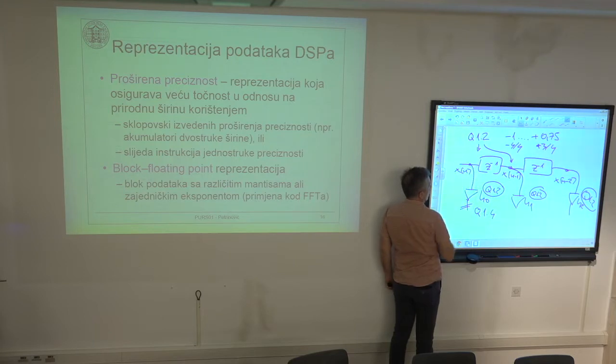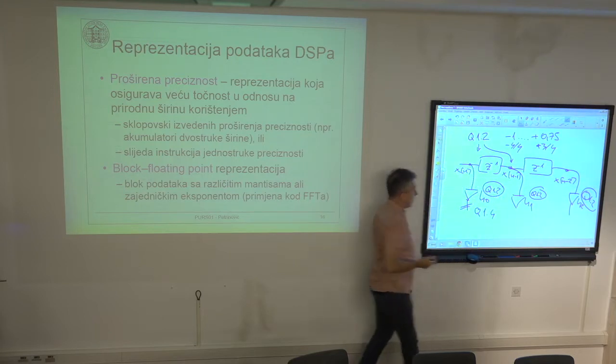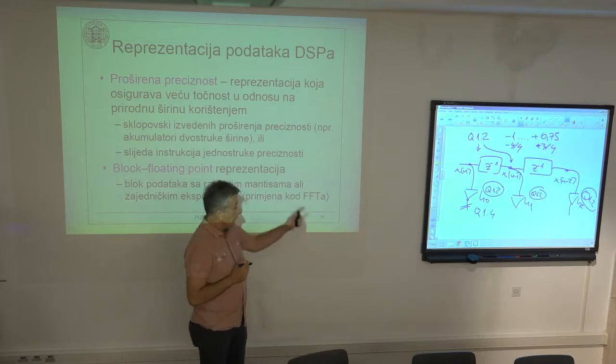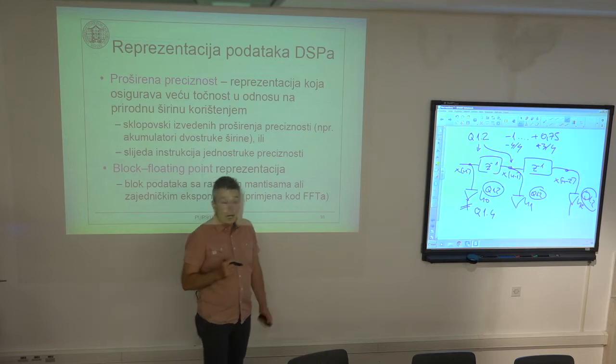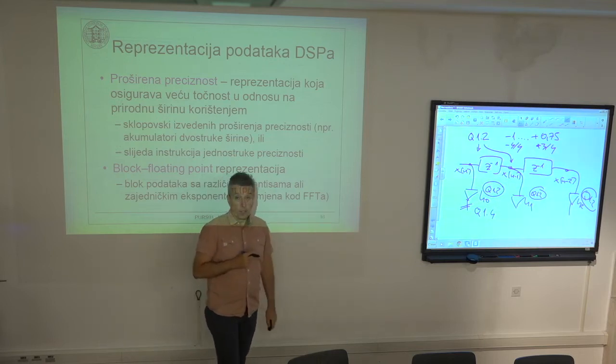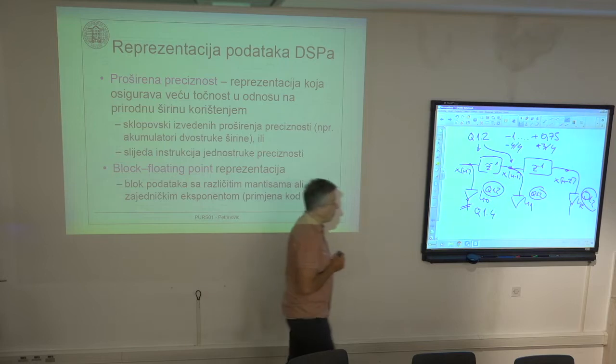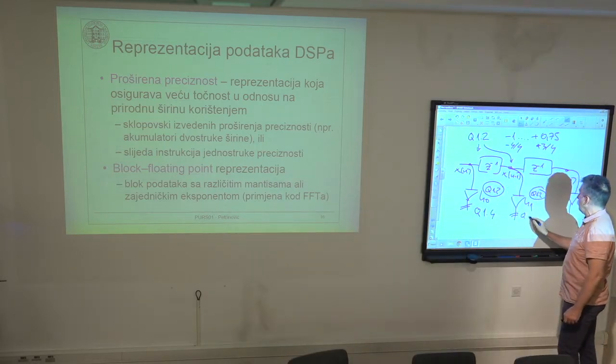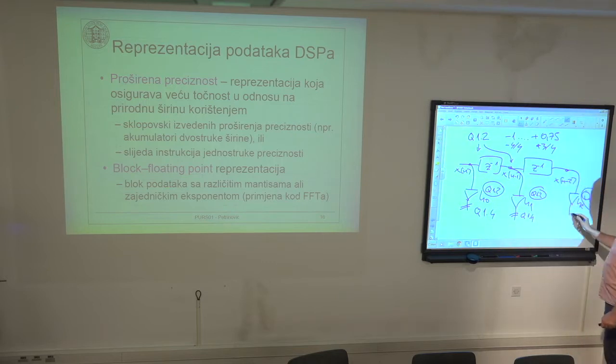Q1.2 XOR n is multiplied by H0, that is also Q1.2. And after multiplication, I have Q1.4. Now, I have to accumulate these products. And this accumulation, so this here is also Q1.4, and this here as well, Q1.4.